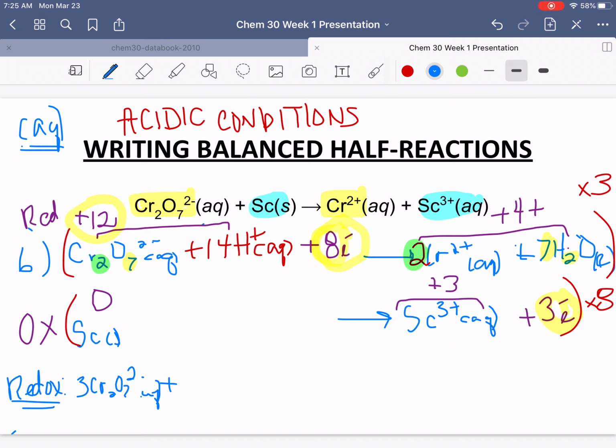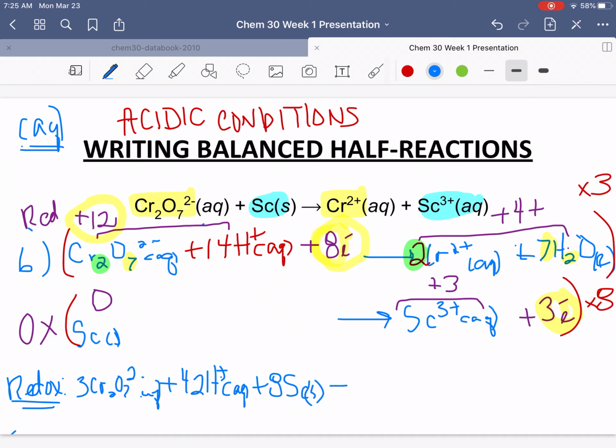So we're going to end up with 42 of our H plus aqueous. Keep on going. We're going to have also going in, don't forget about the scandium, 8 Sc solid.